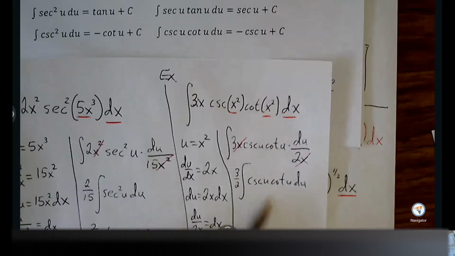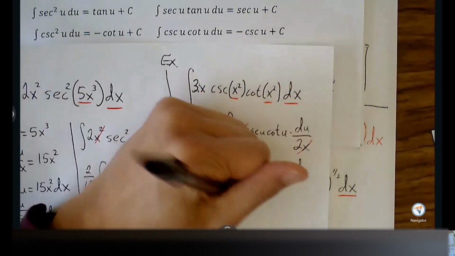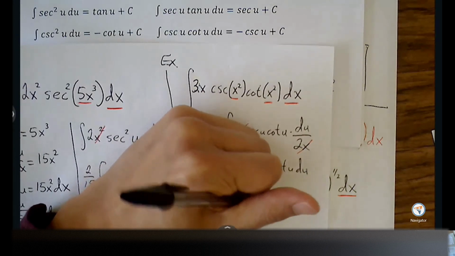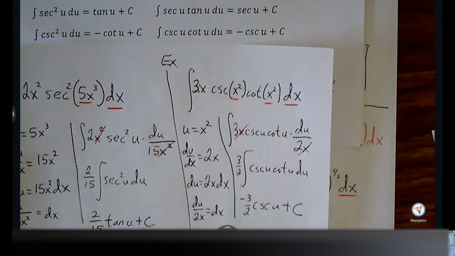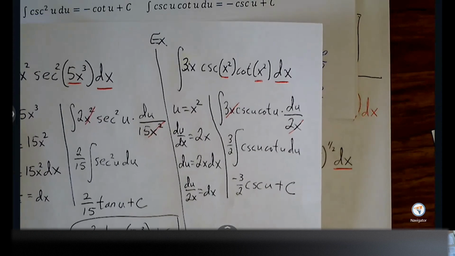And are we ready to apply our rule here? Yeah. Cosecant cotangent becomes negative cosecant. Yeah. Plug in your u. Place the u back in terms of x, right?